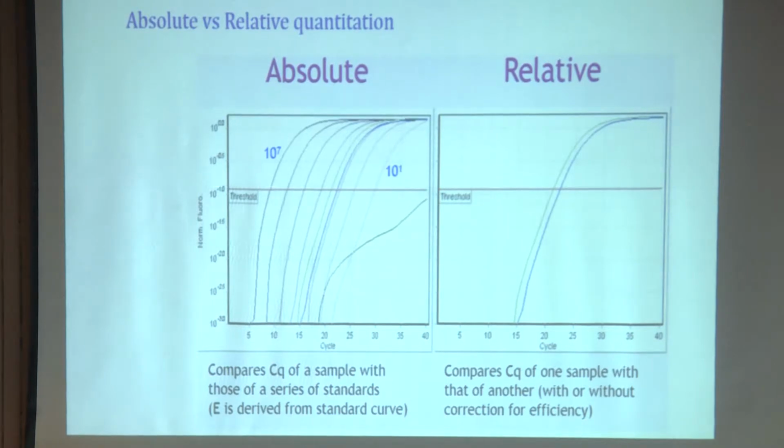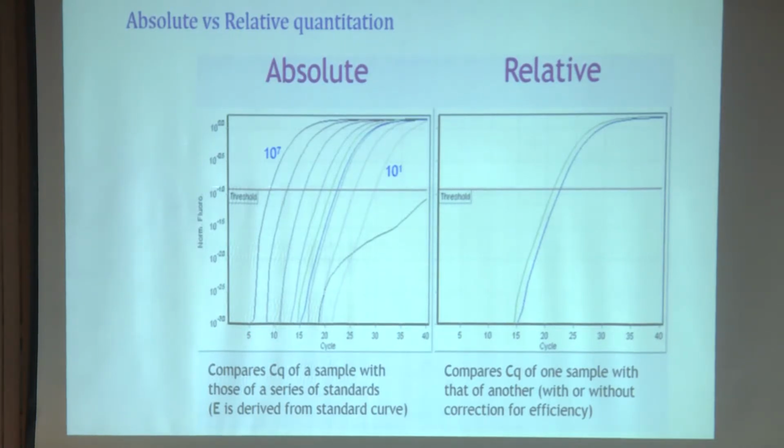Well, this is the difference between absolute and relative quantitation. In absolute quantitation, if you have a template of 10 to the power 7, a high number of template copies within the reaction mixture, you will have a CQ or CT value, whatever you call it, formed early, within 5 cycles you reach the threshold level.